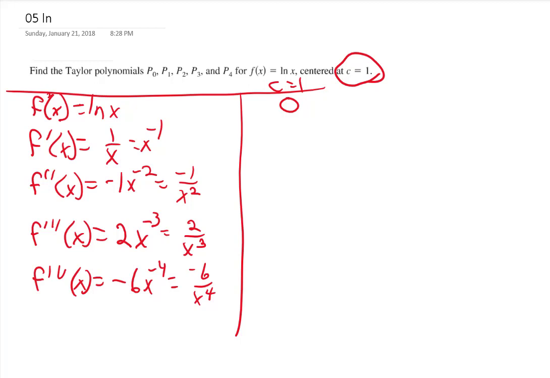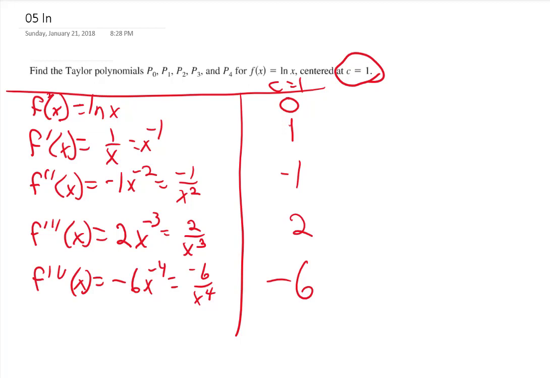The first derivative, when we put 1 into it, we get 1. When we put 1 into the second derivative, it's negative 1. The third one is positive 2. The fourth one is negative 6 because x to any power is going to be 1. So that's what our function values are going to look like.